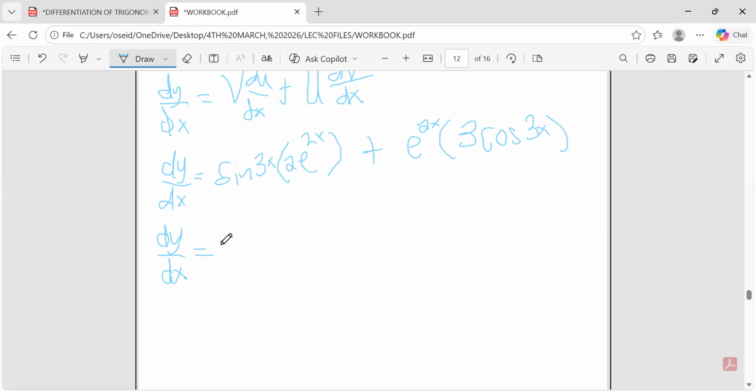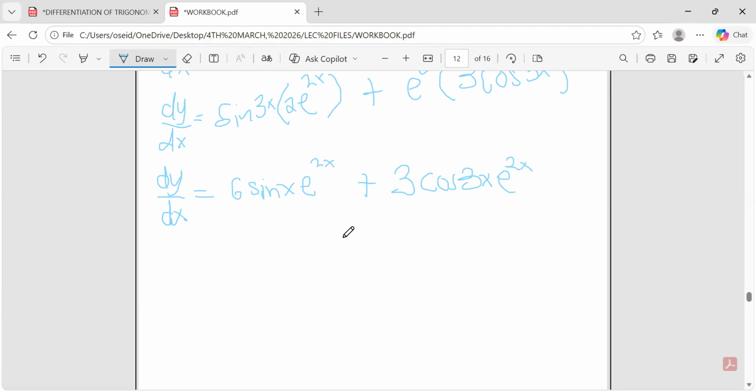We are going to get 6 sine 3x e to the 2x plus 3 cos 3x e to the 2x.